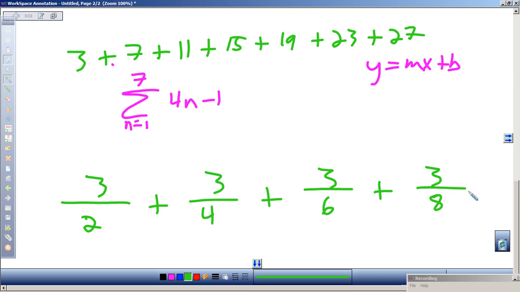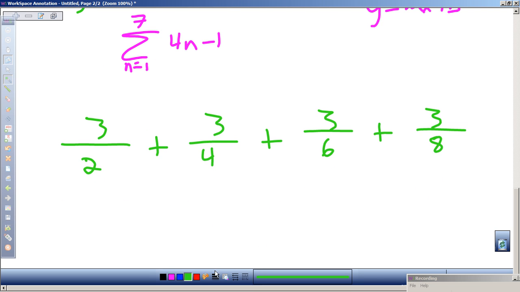So what do you see? Okay, so n equals 1. What's the last one going to be? 4. Is this linear?